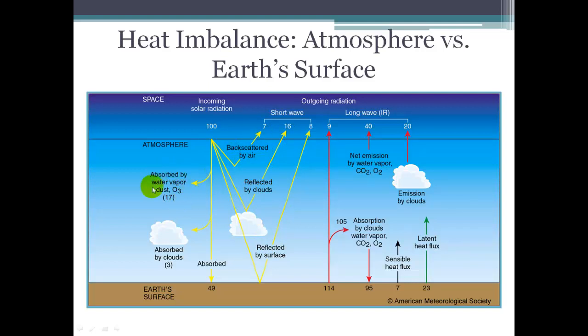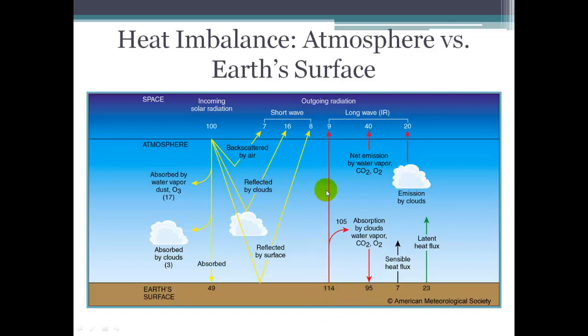Some of it, however, is absorbed by the atmosphere, the different gases and constituents of the atmosphere, and some of it, 49% of it, makes its way down to the Earth's surface where it's absorbed and can heat the Earth's surface. Once the Earth's surface is heated, it begins to emit its own energy in the infrared spectrum, long-wave energy.